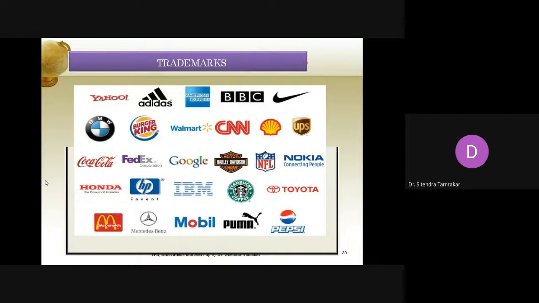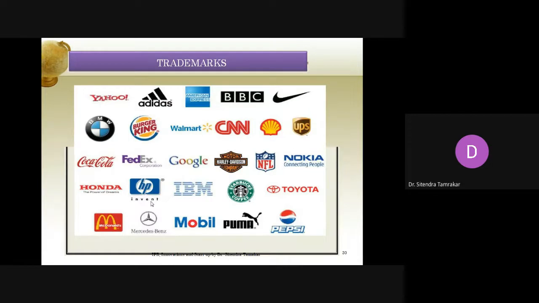One interesting thing from this trademark zone is that usually a trademark is unique, like Yahoo and Adidas are different. American Express, BBC, Toyota, Pepsi, Puma, and Honda mostly look different. And people purposely make a unique kind of logo or trademark so that it can be identified at once.